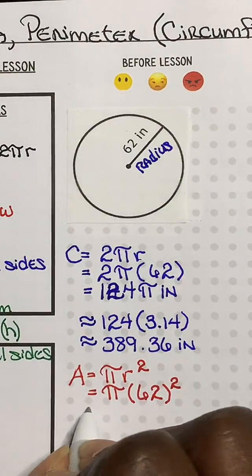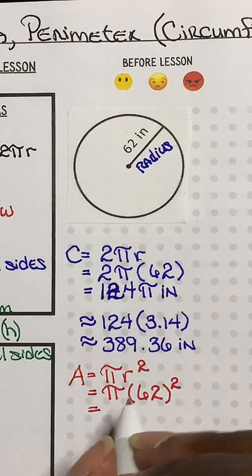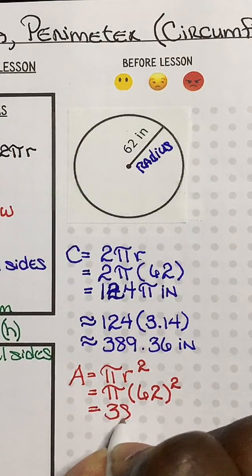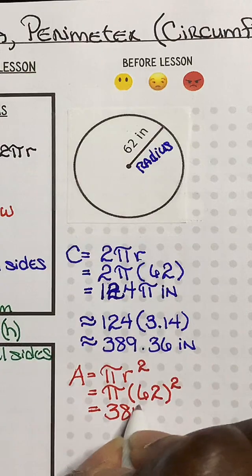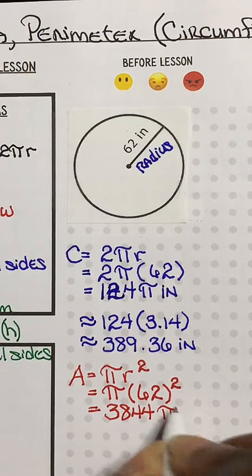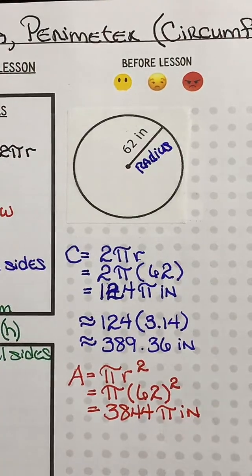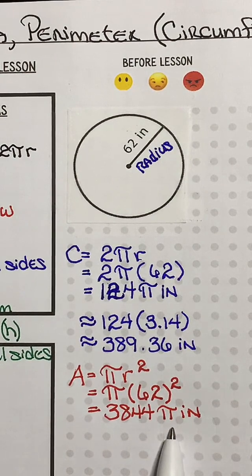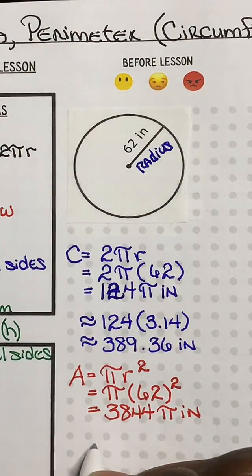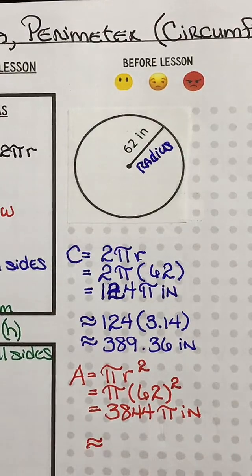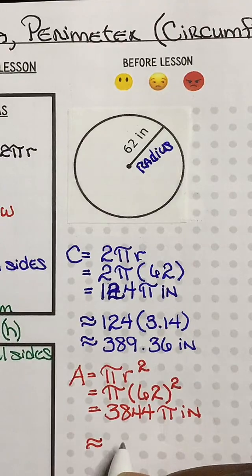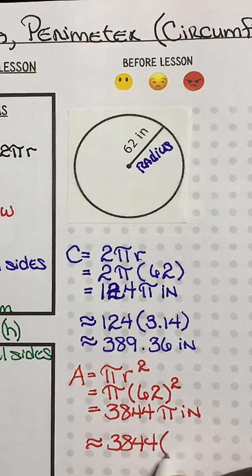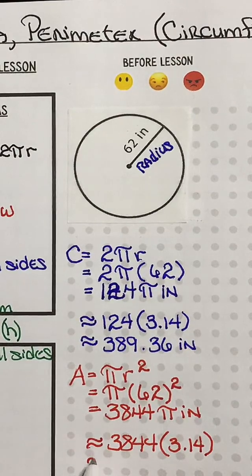So the exact 62 squared, that's nothing to frown at, is 3,844 pi inches. If they want the exact, you leave it in terms of pi. But if they want the approximate, we take our 3,844 and multiply it by 3.14. It's going to be nice and big.